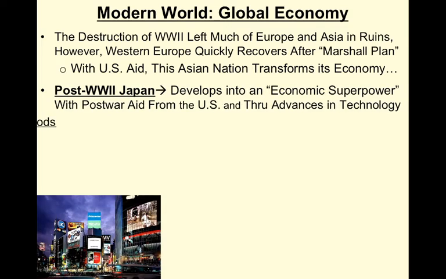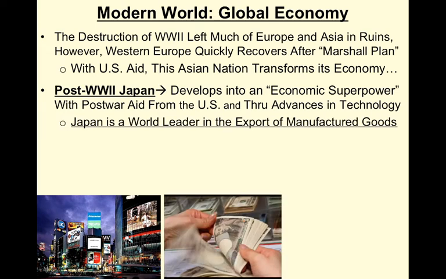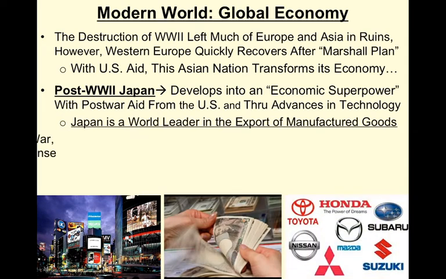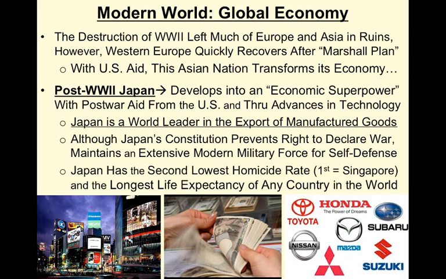We're going to see that Japan focuses on its economy rather than its military because the United States and Japan have a strong alliance in the post-World War II world. And you've seen many of these Japanese companies here in the United States as well.